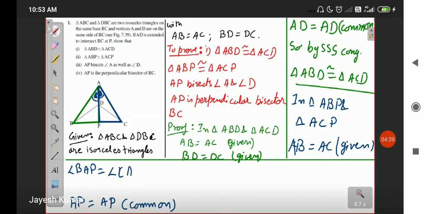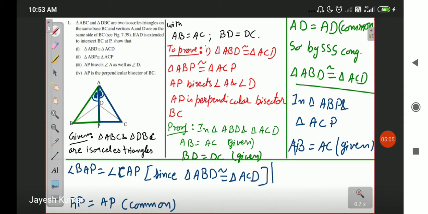CAP. Why CAP? Since, let me write down for you, since triangle ABD is congruent to triangle ACD, so by CPCT you can say that these two angles are also equal.